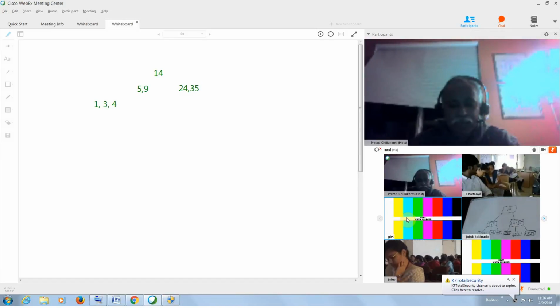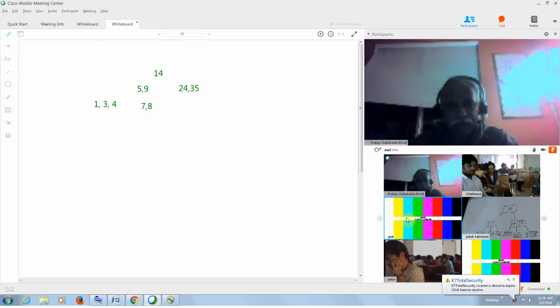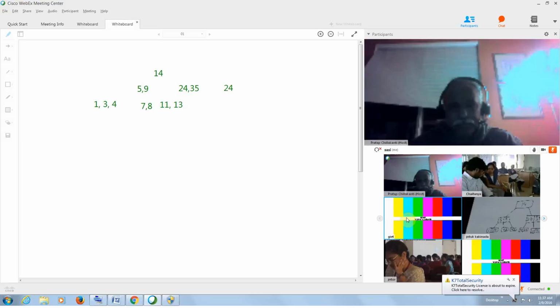Okay, I screwed up in terms of putting it in. 7, 8 to the right of 5. Okay, that's 9 is greater than that. 11 and 13 to the right of 9. Okay, I'll say this one is 11, 13. Okay, so on the left subtree then you have 14, 5, 9, 1, 3, 4, 7, 8, 11, 13. Okay, excellent. I'm just duplicating the same value here for convenience. Okay, okay, continue.